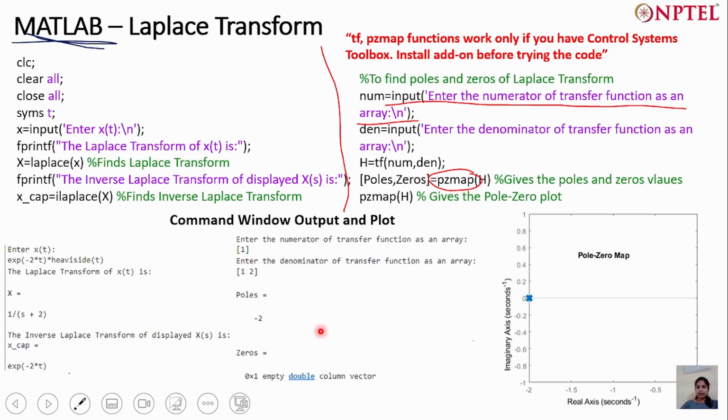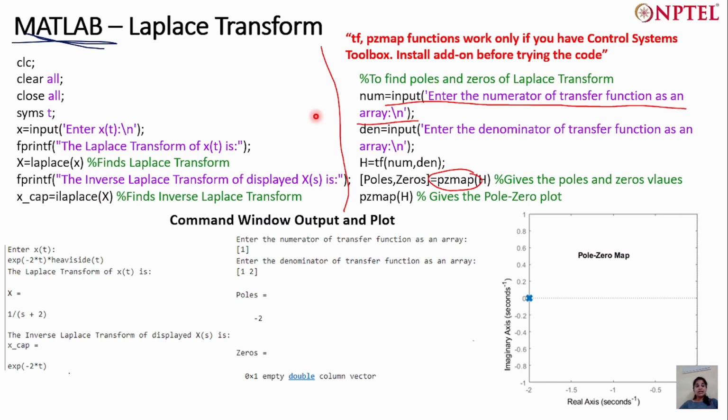To use these tf and pzmap functions, you have to have the Control System Toolbox in MATLAB. It comes as an add-on, so you have to install that, and only then can you use the tf and pzmap functions. MATLAB or Octave are computing software.